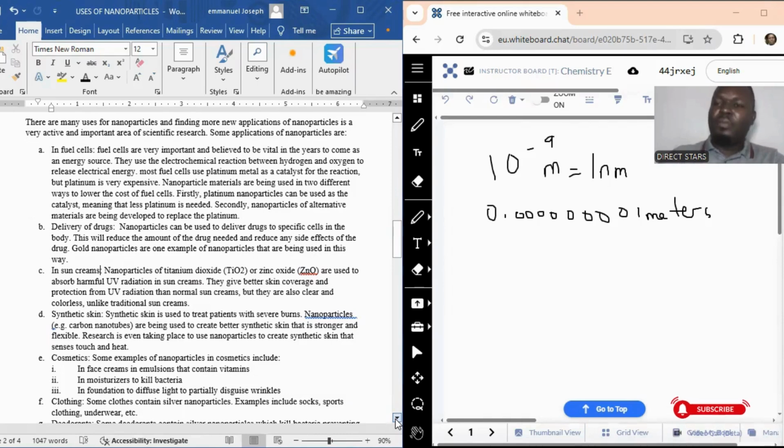A good example, the first one we'll be considering, is fuel cells. Fuel cells are very important. They are a very good energy source, electrochemical cells that help with the reaction between hydrogen and oxygen to release electrical energy.